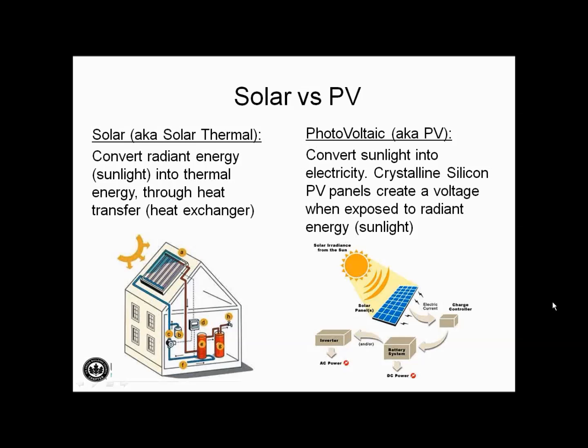PV takes the sun and converts it through the crystal panels directly into electricity, which is then connected to your building's electrical system. So those are different things, but a lot of times get used the same. They're both good.